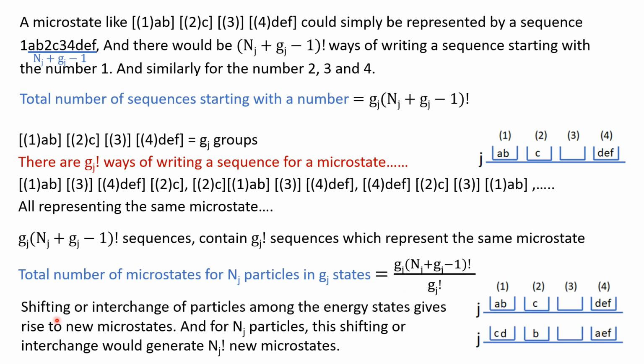However, if we shift or interchange some particles among the energy states, this will give rise to a new microstate. For Nj particles, the shifting or interchange would generate Nj factorial new microstates, because these different microstates will be generated with the shuffling of these A, B, C, D in different sequences like this one.